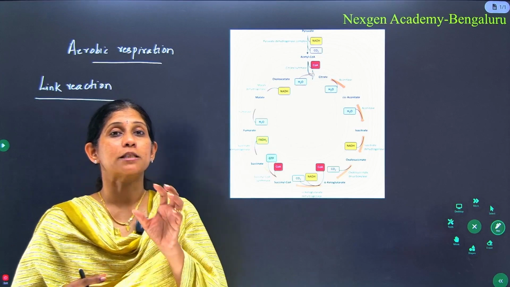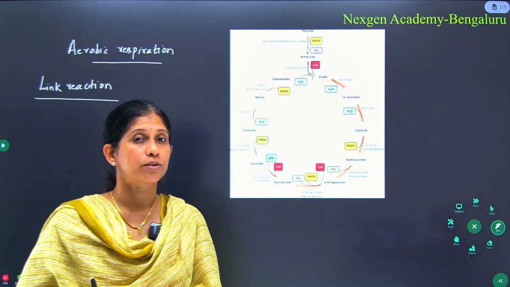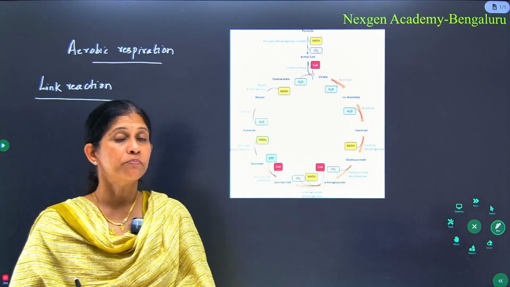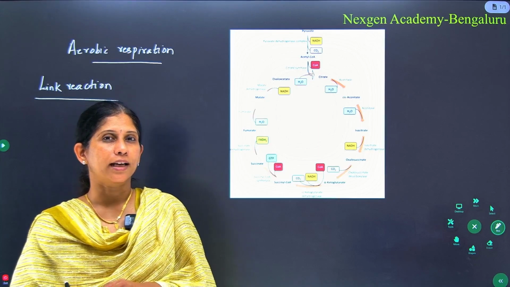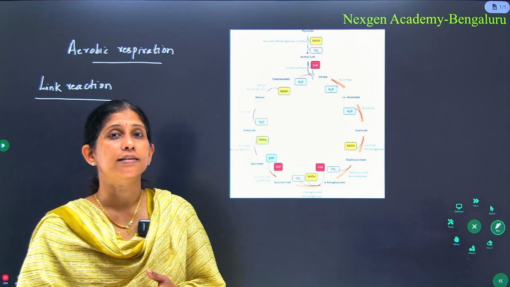So the plasma membrane or cytoplasm is the arena of activity in prokaryotic organisms. In eukaryotic organisms, except for the initial glycolysis, everything else occurs in mitochondria.